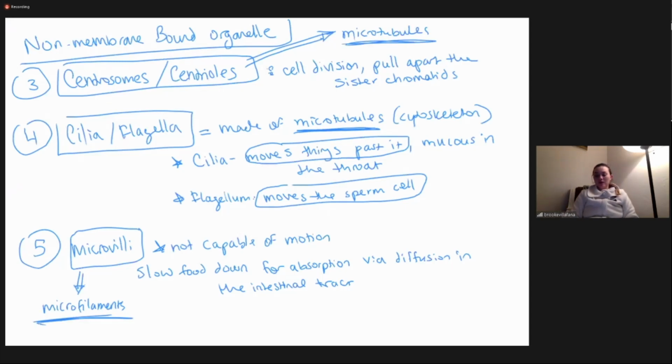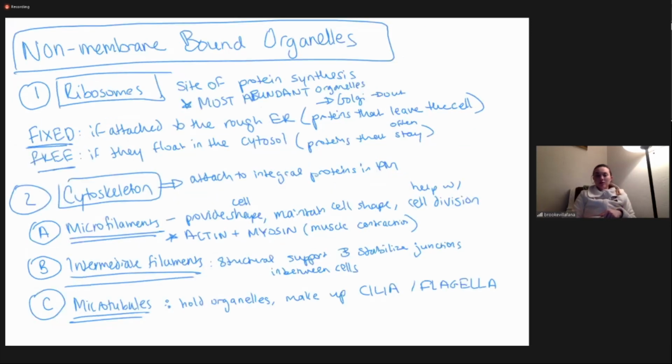Microfilaments, also an example of the cytoskeleton, make the microvilli. So all of these that you see on the page are really part of the cytoskeleton. And just to remind you, this page had ribosomes and cytoskeleton.